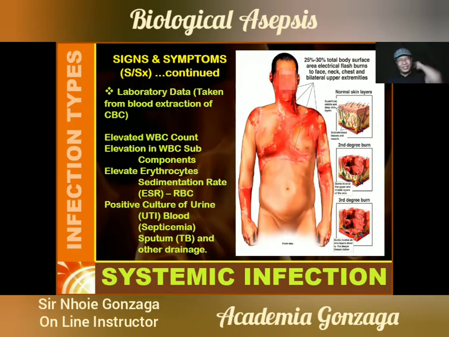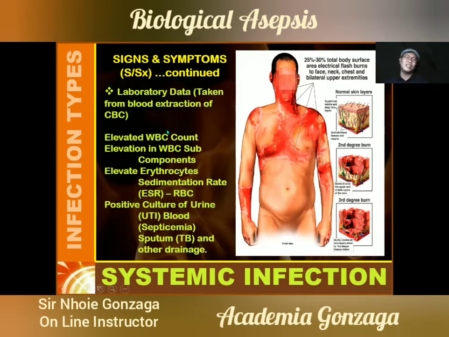Now, you will also have these kinds of signs and symptoms in the laboratory. Well, you will learn this later on when you are already doing advanced medical laboratory science. So just to name a few of them, you will have elevated WBC, okay, elevated RBC, positive culture of blood, of urine, sputum, and other drainage.